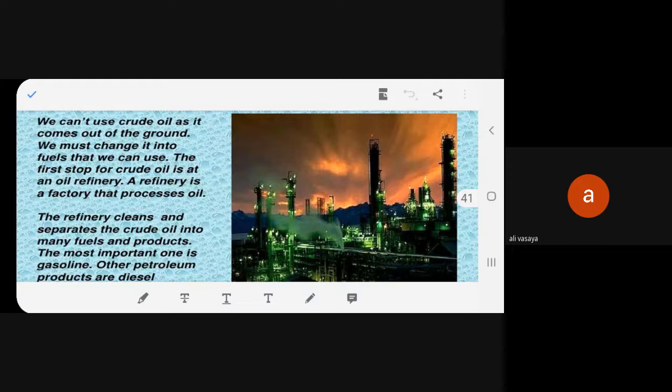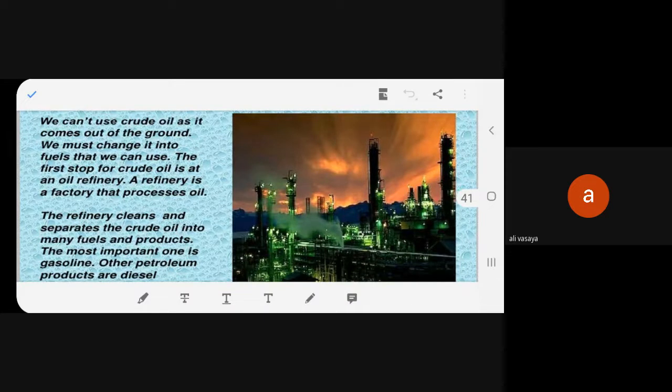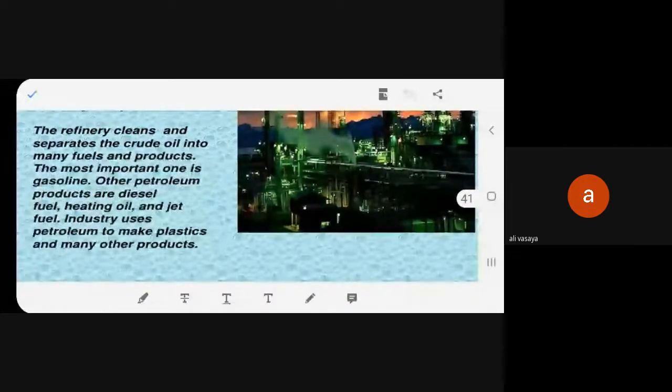A refinery is a factory that processes oil. The refinery cleans and separates the crude oil into many fuels and products. The most important one is gasoline. Other petroleum products are diesel fuel, heating oil, and jet fuel. Industry uses petroleum to make plastics and many other products.